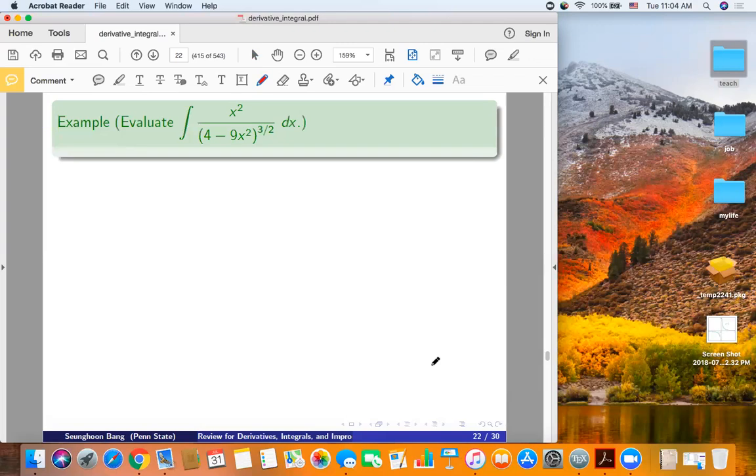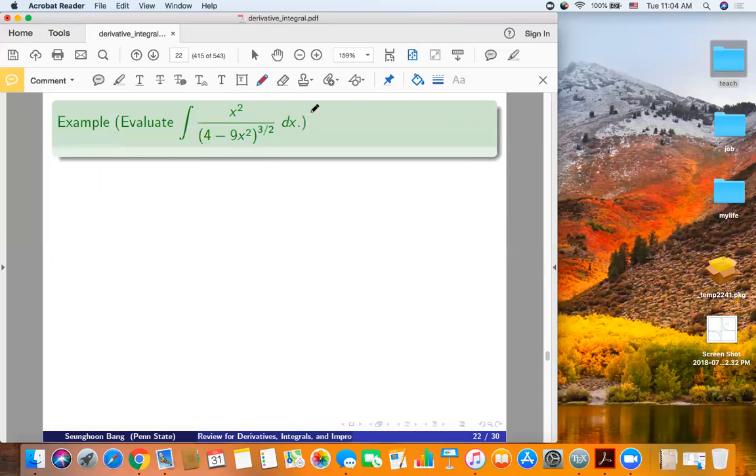In this case, we use trigonometric substitution because we have 4 minus 9x squared. This is like a reason. So how can you do that?